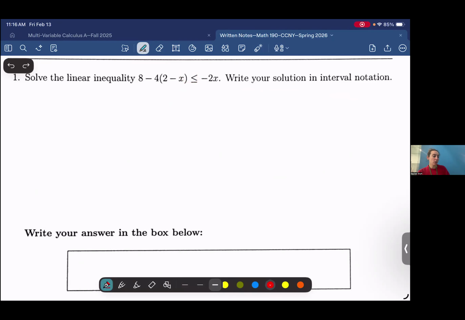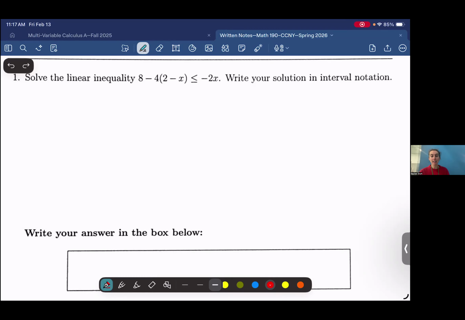When we're dealing with inequalities, keep it in the back of your mind: anytime that you're multiplying or dividing a side by a negative, you are going to flip that inequality sign. But let's first treat it as a regular linear equation, getting your like terms together.